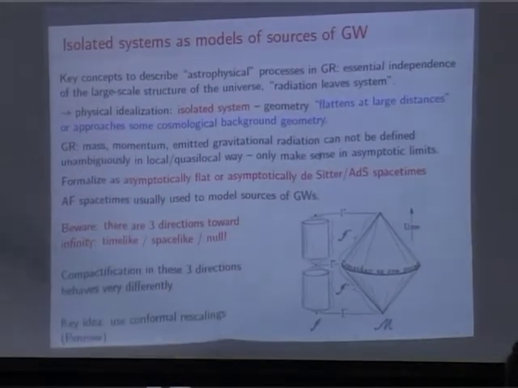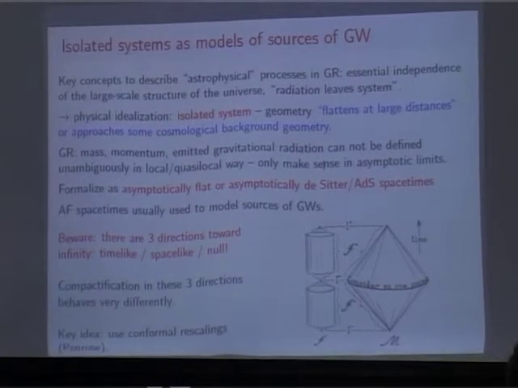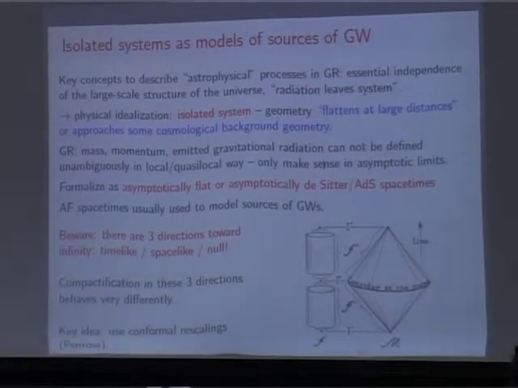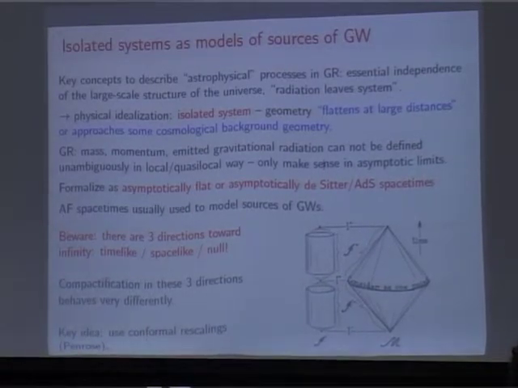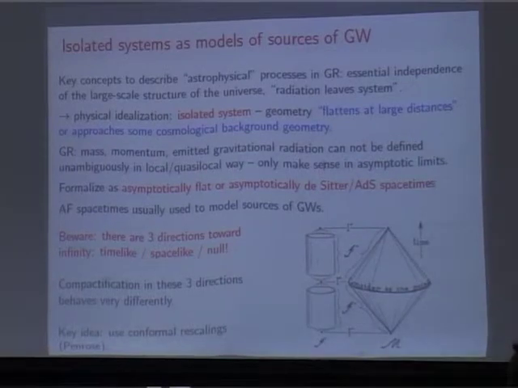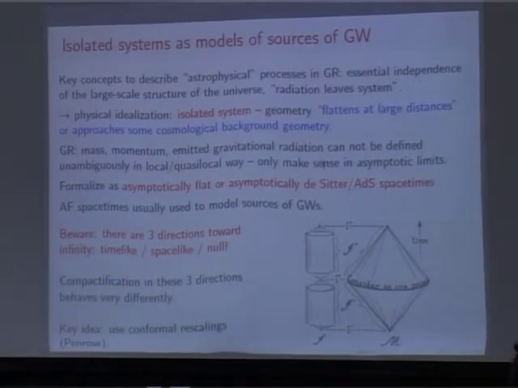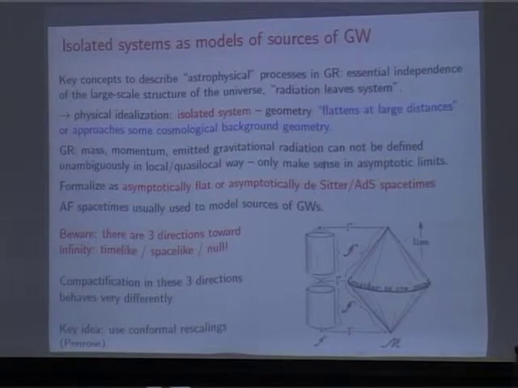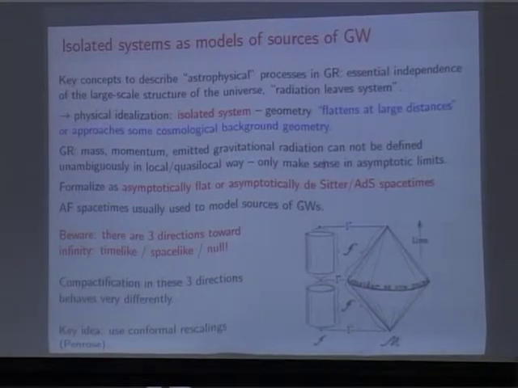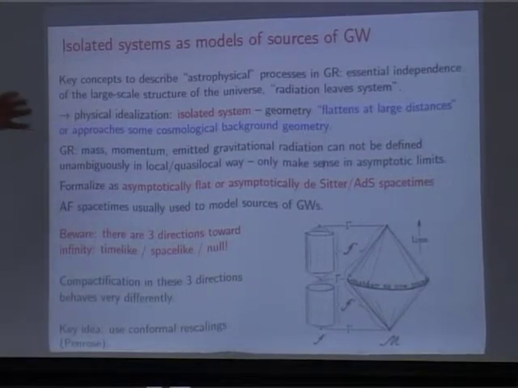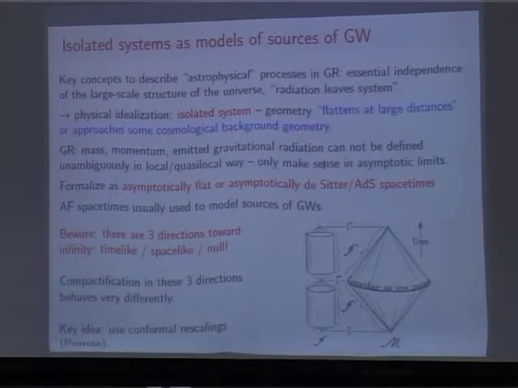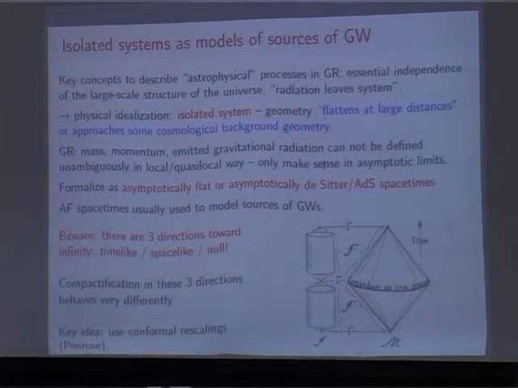All right. So in astrophysics, for astrophysical processes, as opposed to, for example, cosmology, there are two key concepts which are important. One is that whatever happens is essentially independent of the large-scale structure of the universe. And the second is that radiation can leave the system: electromagnetic radiation, but of course also gravitational waves.